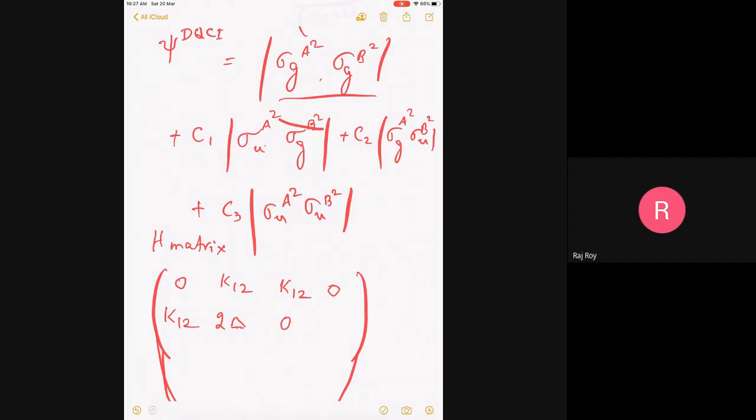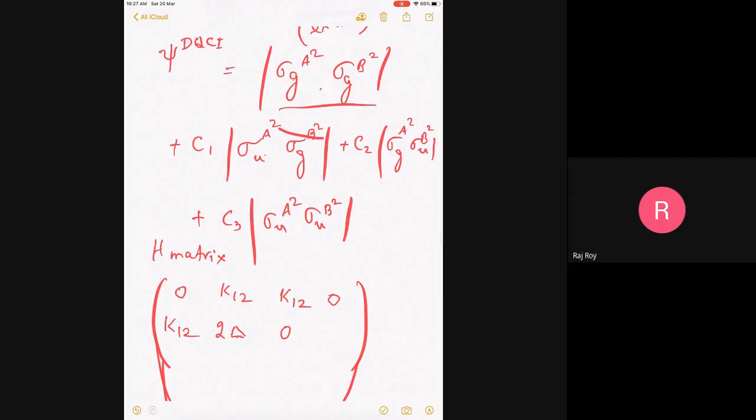Now the important terms that are coming for the first time: one doubles with quadruples. Can you tell me what? Just look at this. Will this be 0? See, this doubles to doubles is 0. But will this doubles to quadruples be 0? No, differ by 2 orbitals. That's very interesting. Because many people might think doubles to doubles should not be 0. But here doubles to doubles is 0. We have the two off-diagonal doubles. But for quadruple it is not 0, because at least one of these configurations will remain the same.